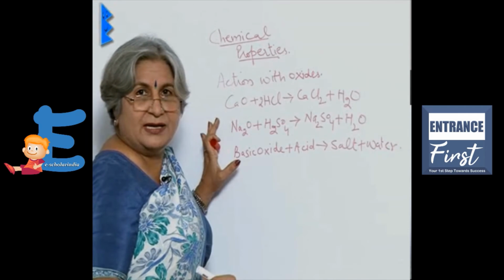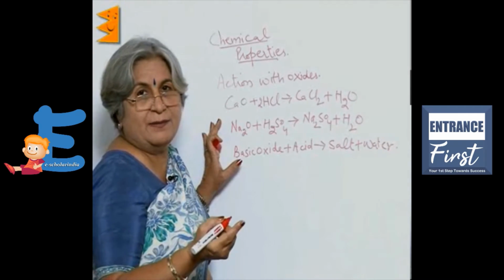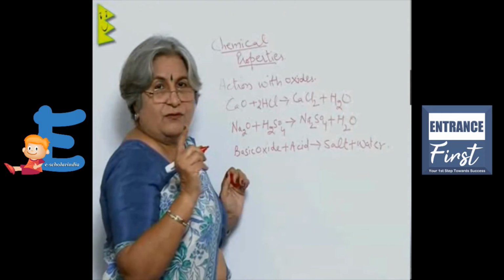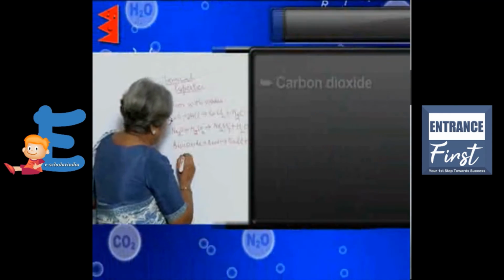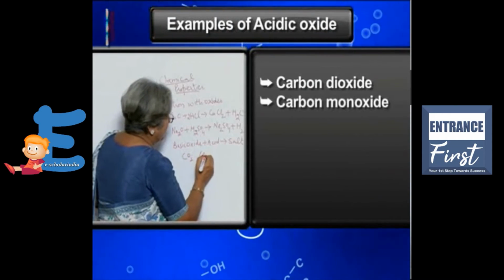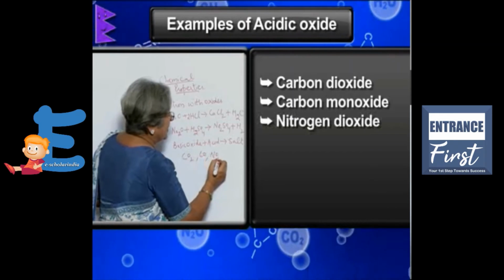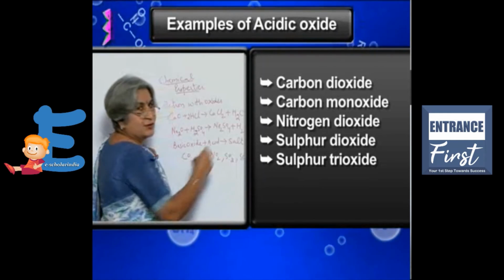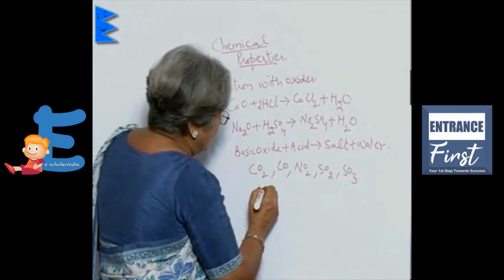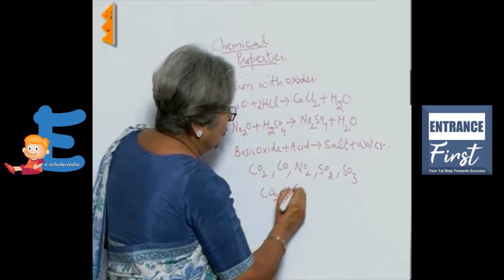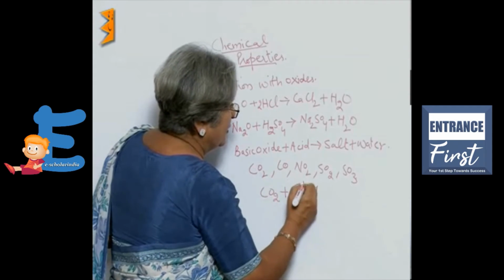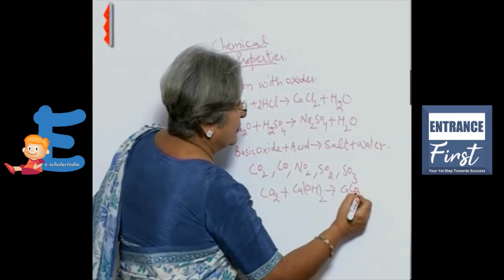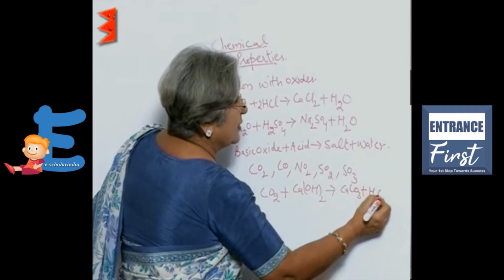But this doesn't happen only with acids. The bases are also able to react with acidic oxides. For example, one of the acidic oxides is carbon dioxide, others are nitrogen dioxide, then sulfur dioxide, sulfur trioxide, and so on. So if you pass carbon dioxide through calcium hydroxide, what you will get is calcium carbonate plus water.